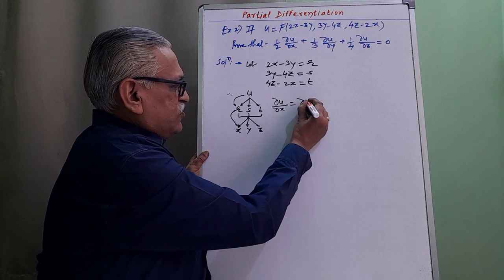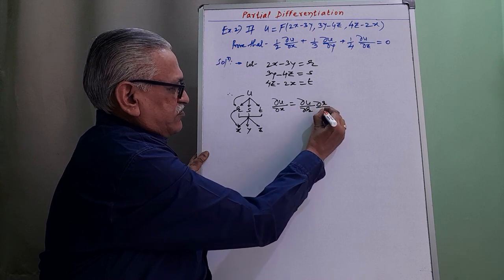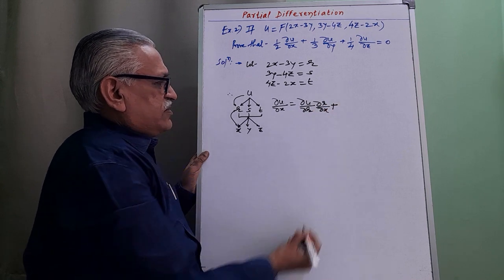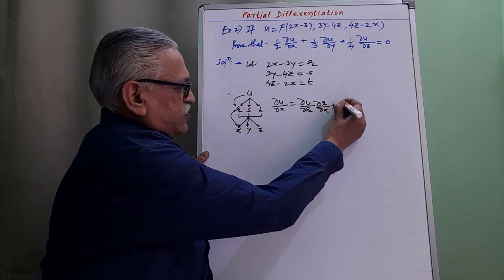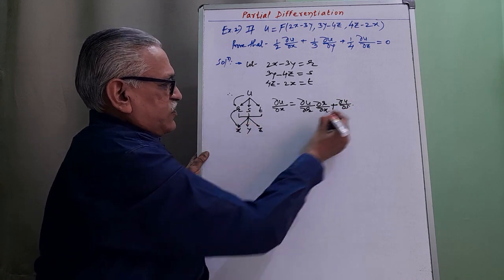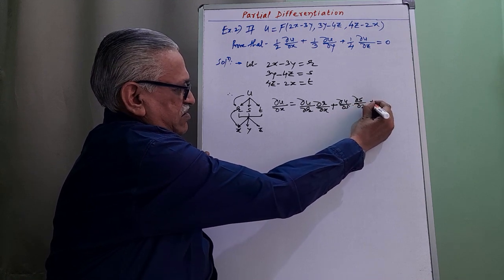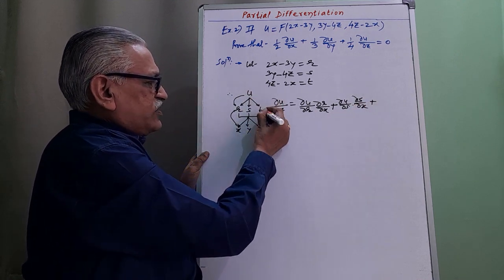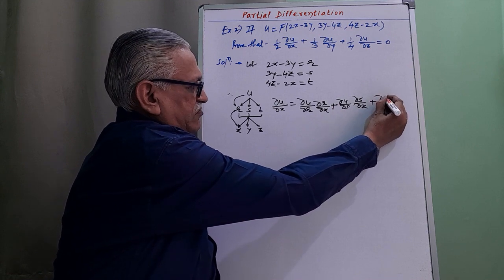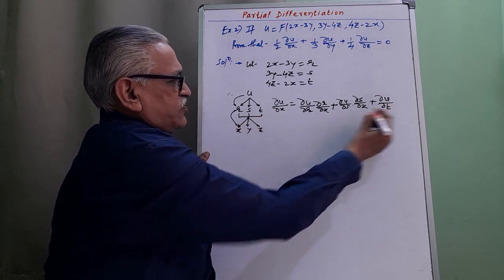And therefore, dou u by dou r into dou r by dou x, plus differentiating u with respect to s and s with respect to x, then differentiating u with respect to t and t with respect to x.